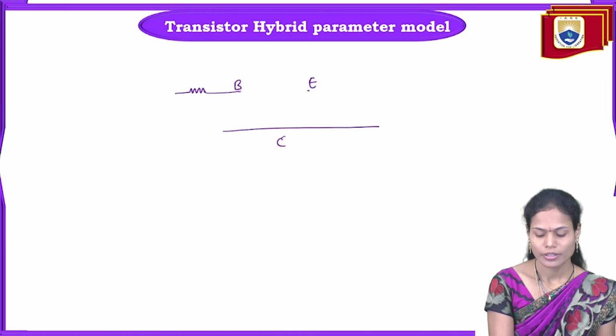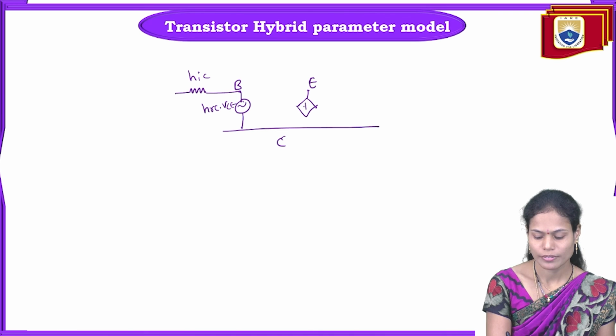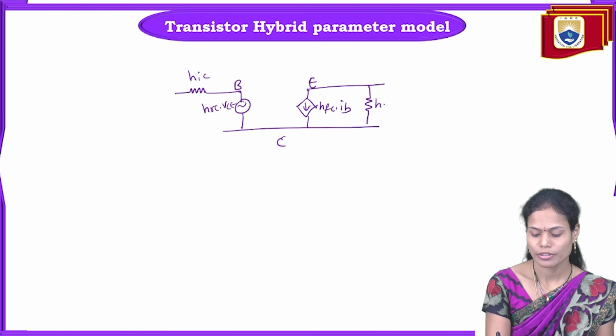So here we are having HIC, this is HRC VCE, and here it is HFC IB and here it is HOC.